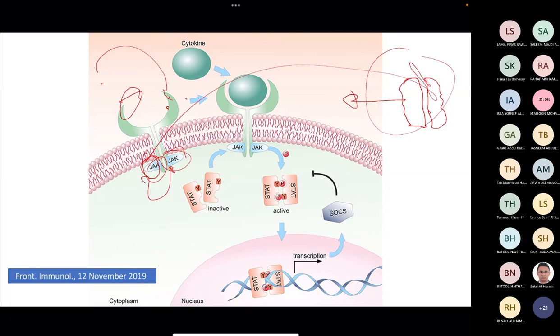Okay, so the JAK, when it is fully active by phosphorylation from the other subunit, activates a STAT. A STAT is called a signal transducer and activator of transcription. So this STAT will be phosphorylated. It will dimerize in this way, and then it will translocate to the nucleus, where it acts as the name implies, signal transducer and activator of transcription.